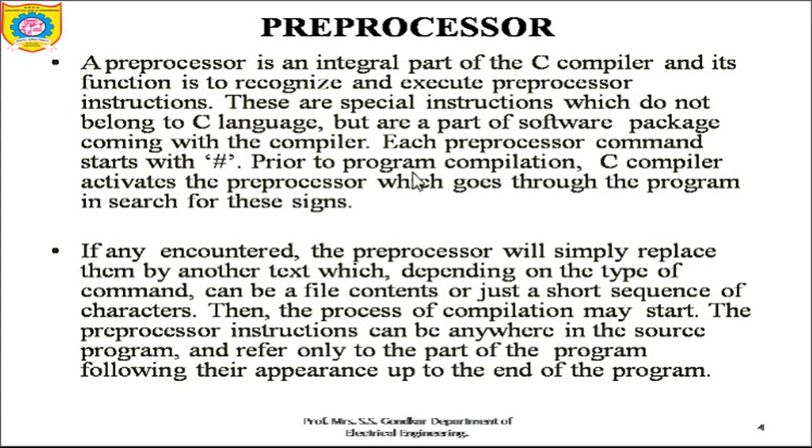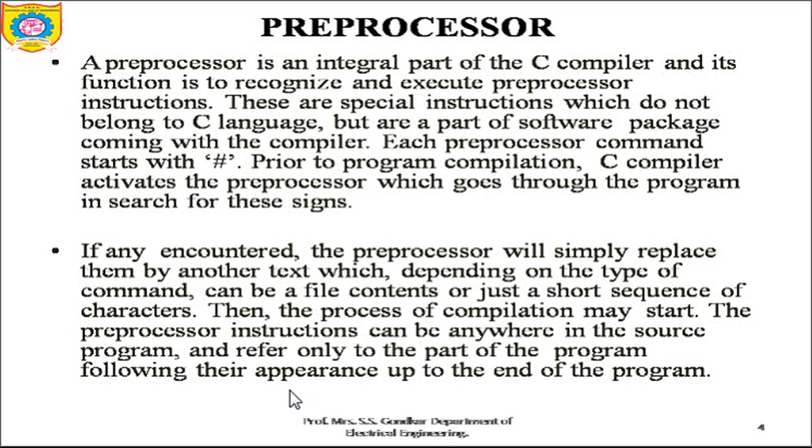Prior to program compilation, the C compiler activates the preprocessor, which goes through the program in search of these signs. If any is encountered, the preprocessor simply replaces it with another text which, depending on the type of command, can be a file content or just a short sequence of characters.